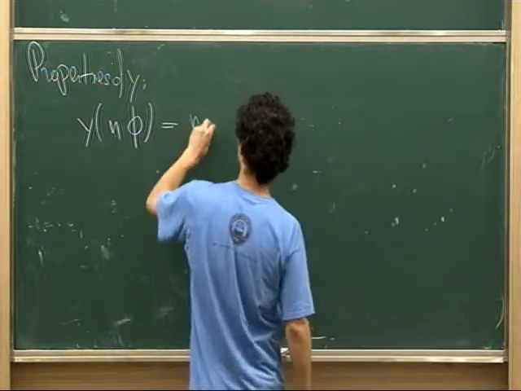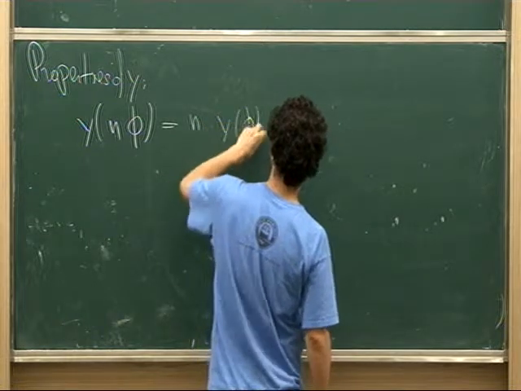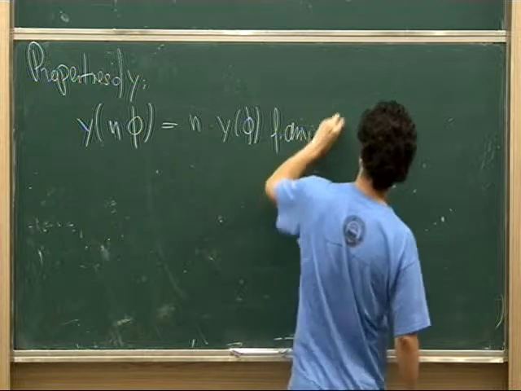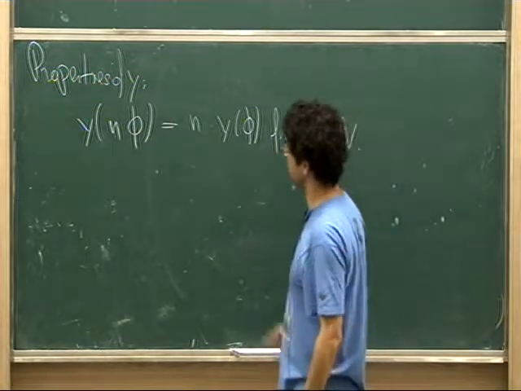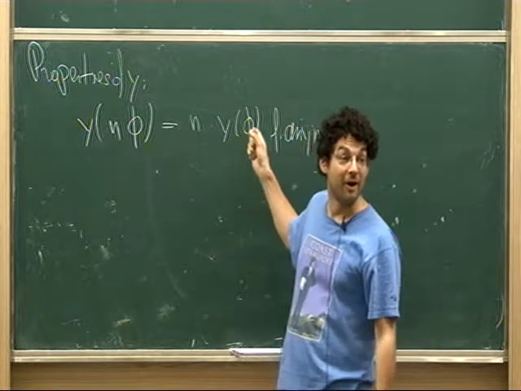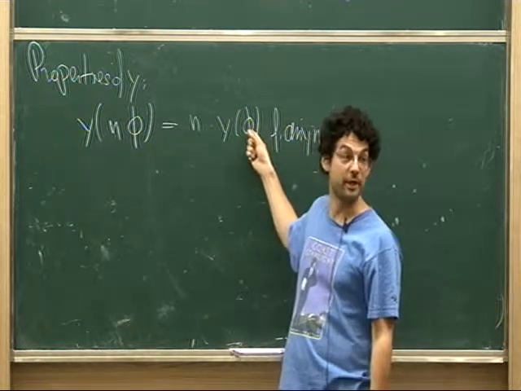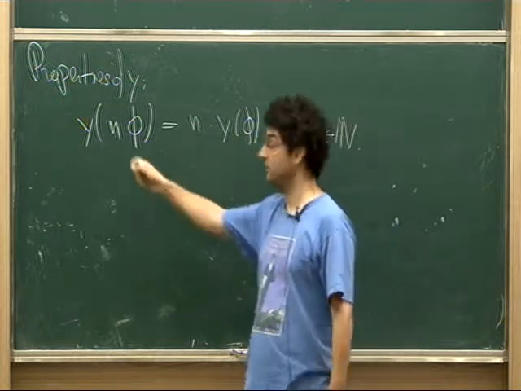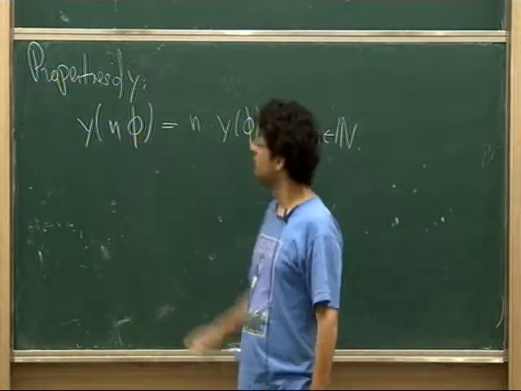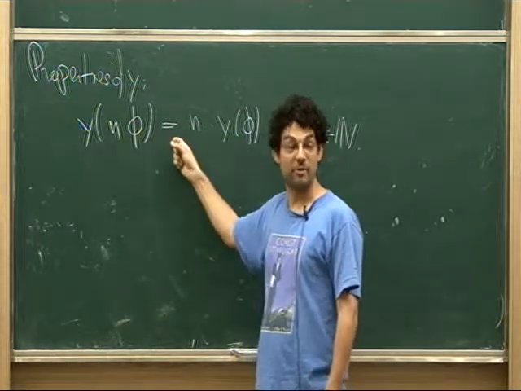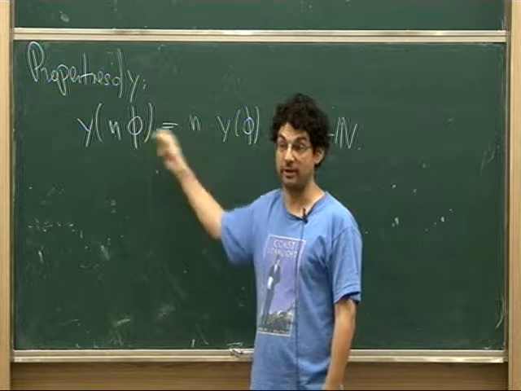So it's n times y of phi for any n. It's pretty clear that there's an inequality. If you have a surface representing phi, then you take n parallel copies, and it would represent n times phi. So you have a less-or-equal inequality, and it requires a little bit of thought to see that it's actually an equality.